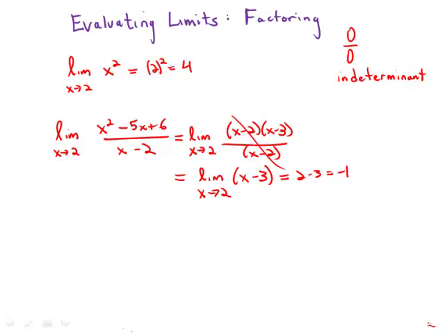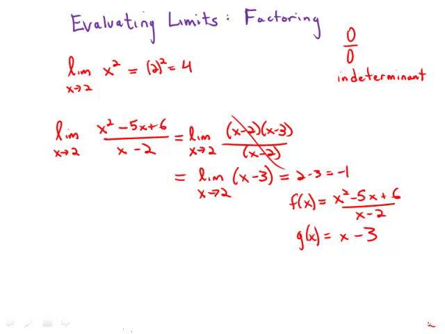It's very important to make a distinction here. We're actually talking about two different functions. Function number 1, f of x, is x squared minus 5x plus 6 over x minus 2. And then g of x equals x minus 3. Now the curious thing is, everywhere where f of x is defined, it equals g of x.